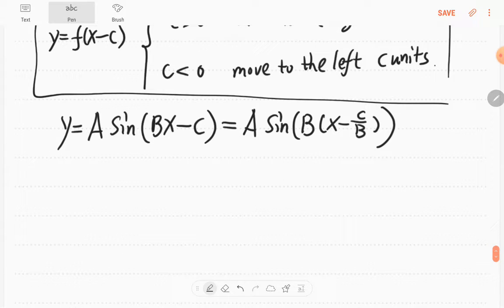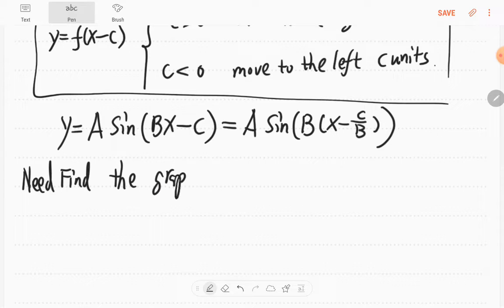So the idea is, to draw this graph, you first need to find the graph of y equals a times sine bx. This is the first thing.